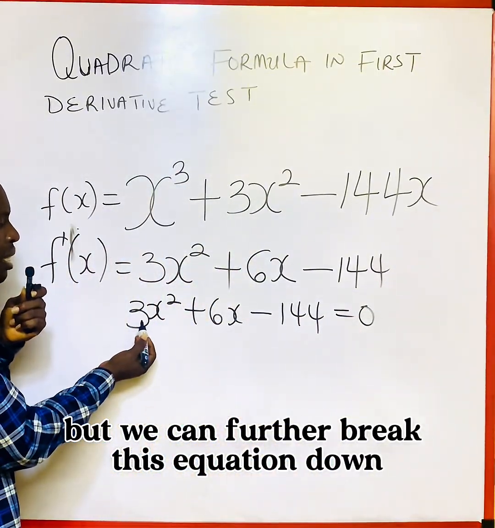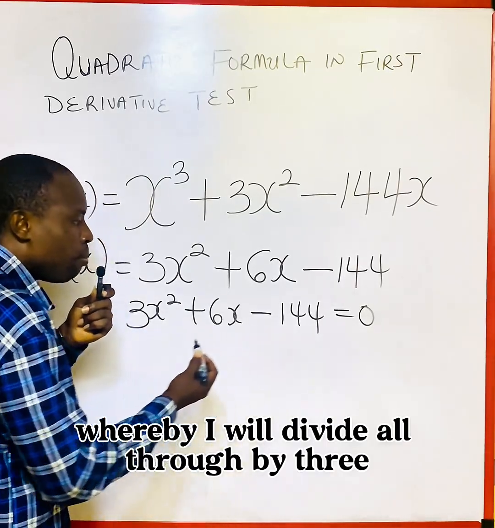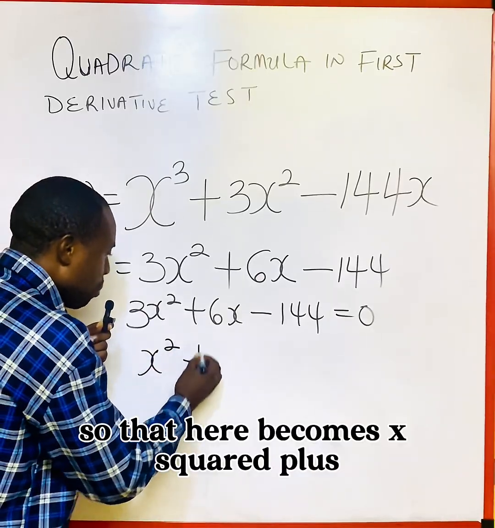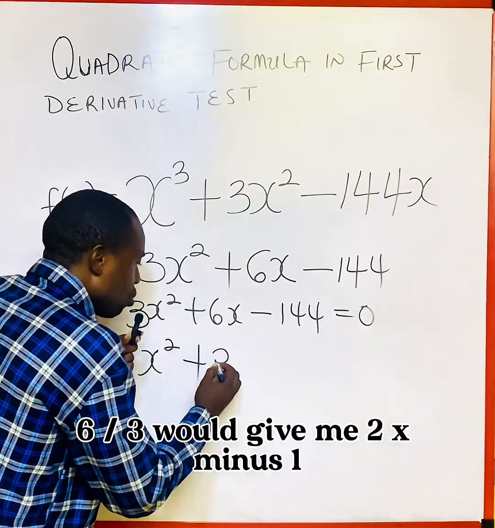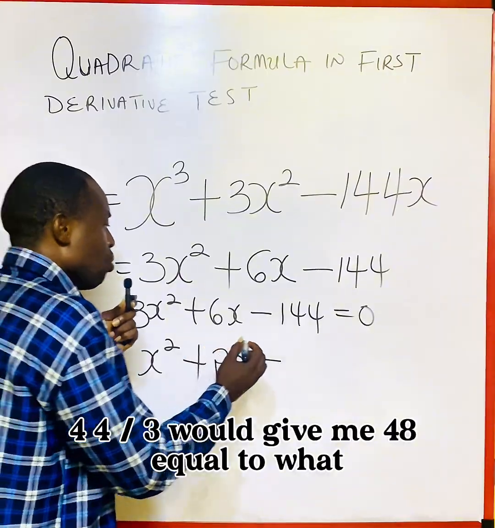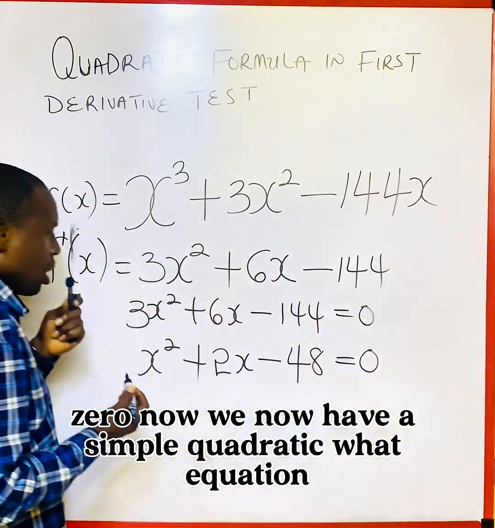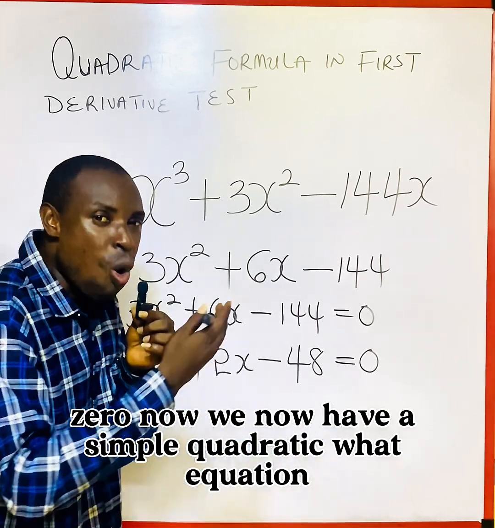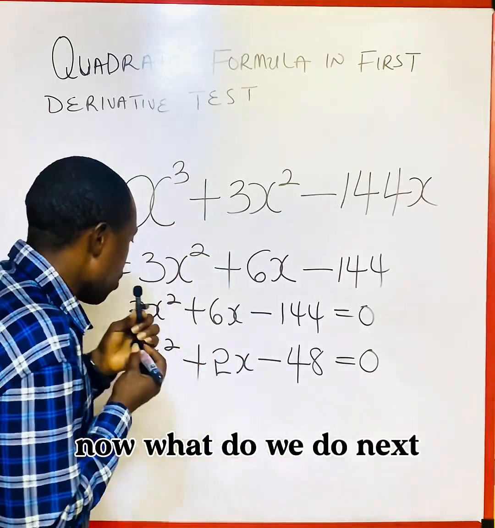But we can further break this equation down by dividing all through by 3, so that here becomes x squared plus 6 divided by 3 would give me 2x, minus 144 divided by 3 would give me 48, equal to 0. Now we have a simple quadratic equation.